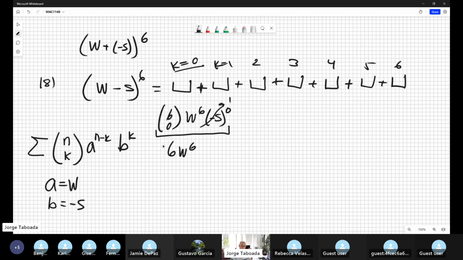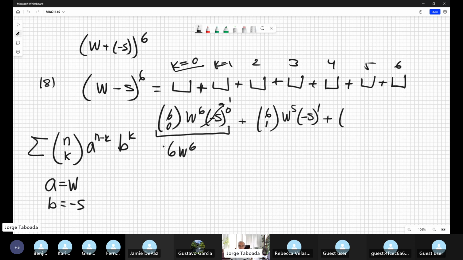Any number or expression raised to the 0 power is 1. What is the next? Well, the next is the coefficient, combinatory 6, 1, W5 because the exponent is decreasing K and in the B increasing K. This is minus S to the 1 power. Notice that 5 plus 1 is 6, 6 plus 0 is 6. It always happens.